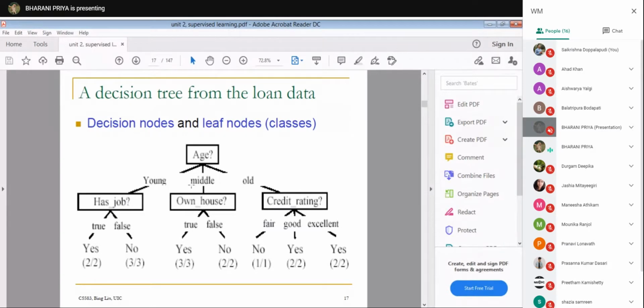According to the values that the attribute has, that many branches will be there. The last labels have the classes, and these are called leaf nodes. In between the root node and leaf nodes, the nodes are called intermediate nodes.